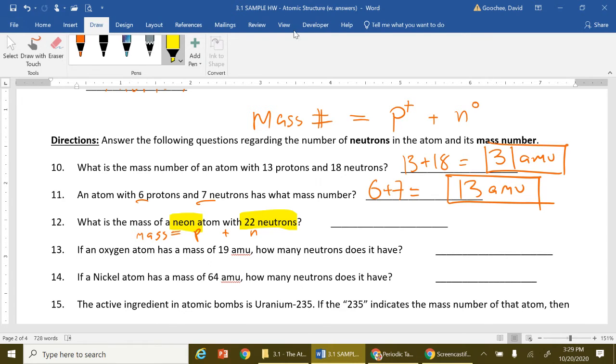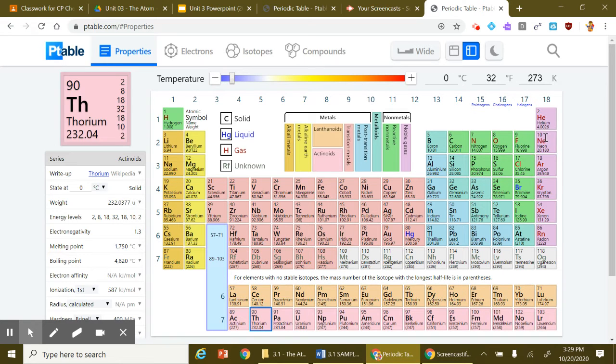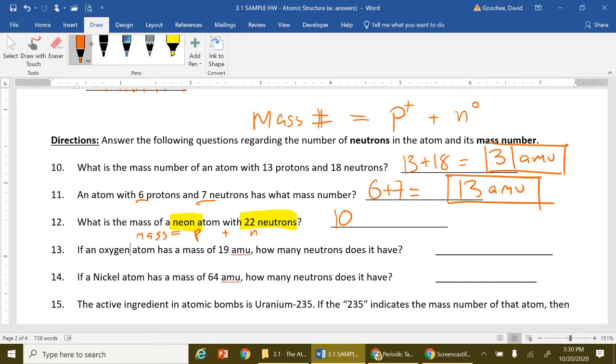If we look at the periodic table, we see that neon is element 10, which means it has 10 protons. So the mass is 10 protons plus 22 neutrons, which is equal to 32 AMU.